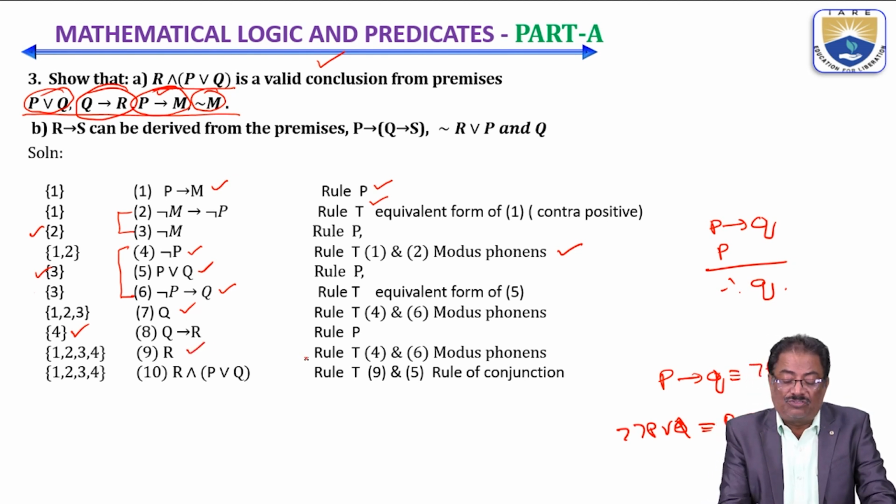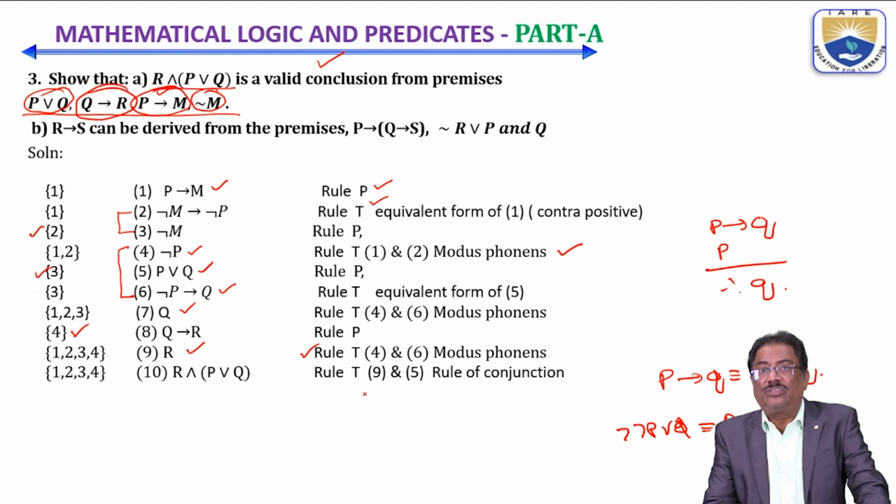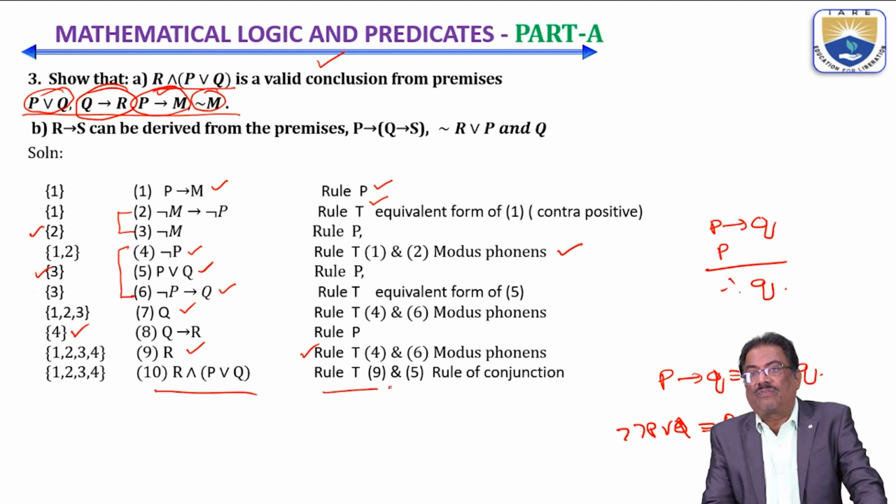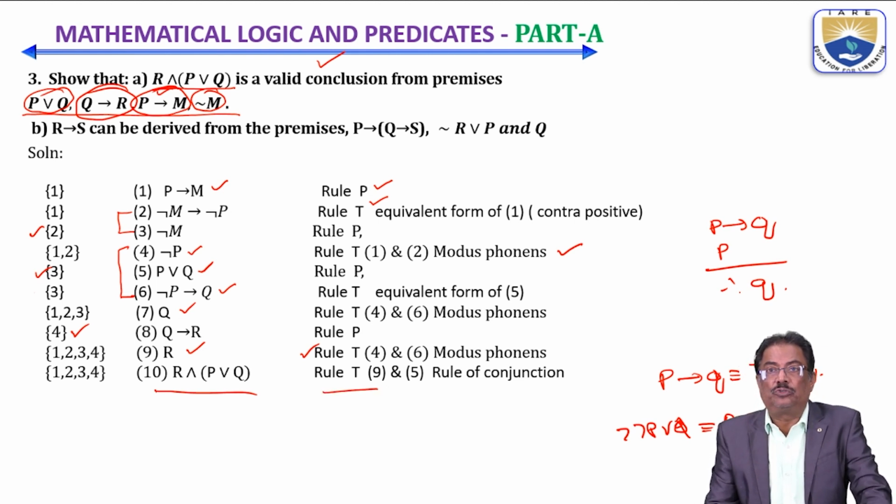I am going to get R is true, and P or Q is also true. Subsequently, by using the rule of conjunction, we can say that it is true. So this is the way that we are going to do the first problem.